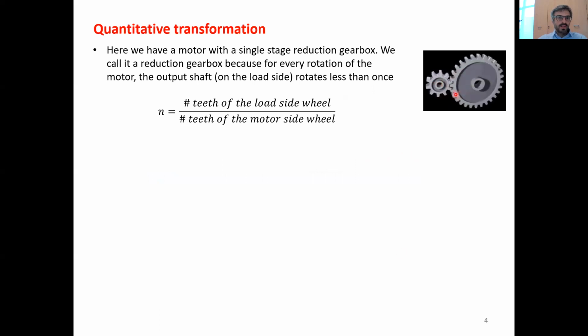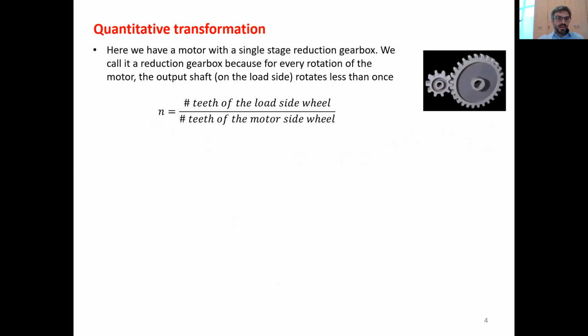And here you can see a single stage reduction gearbox. Multiple stage means that you might have an arrangement of different toothed wheels, or gears, they're called gears. In this stage, we call it a reduction gearbox because for every rotation of the motor, the output shaft rotates less, slower.